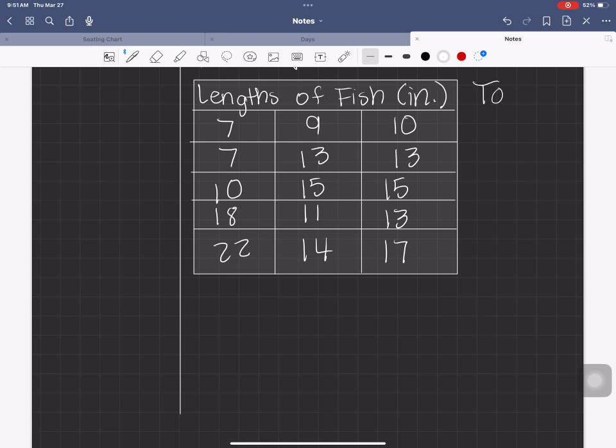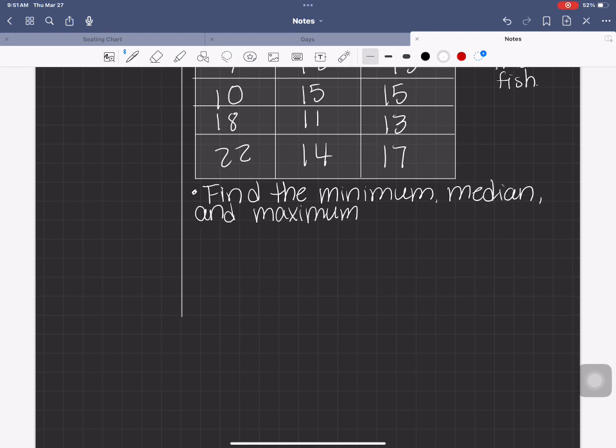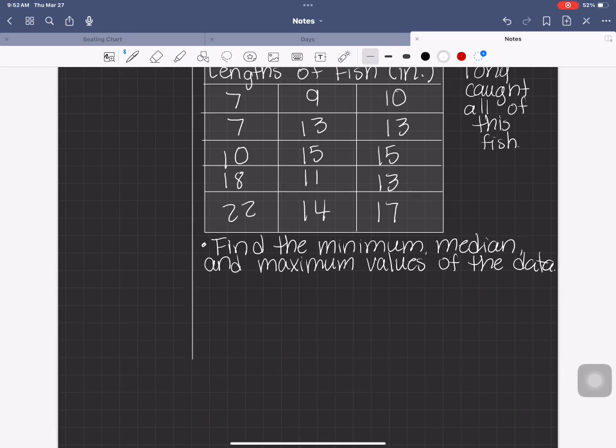All of these. Okay, so of course we already know how to do this. We're going to pull the data from all of the fish that he caught, and we are going to write them down from least to greatest. Now, when you come across this lesson today, it's going to ask you to find the minimum, the median, and the maximum values of the data given to you.